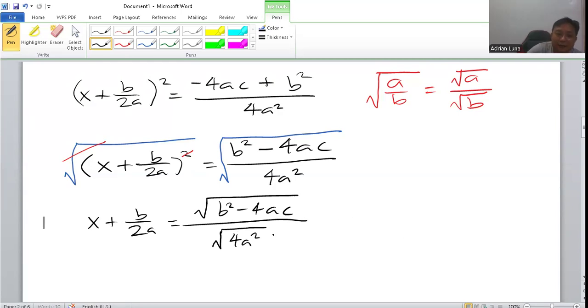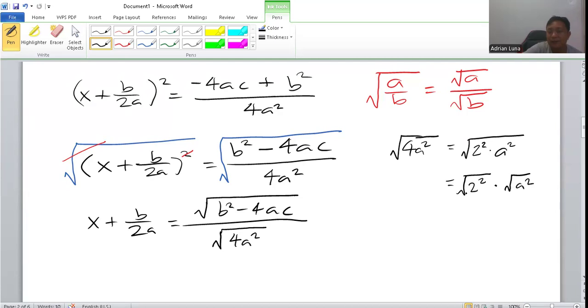Notice that yung denominator na square root of 4a squared, pwede natin siyang i-extract yung roots. So 4 can be represented in exponential form, 2 squared. Then pwede na siyang gawin na 2 squared times a squared. And notice na magka-cancel lang si exponent na 2 at si radical symbol.